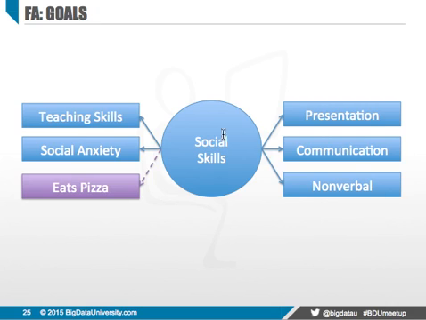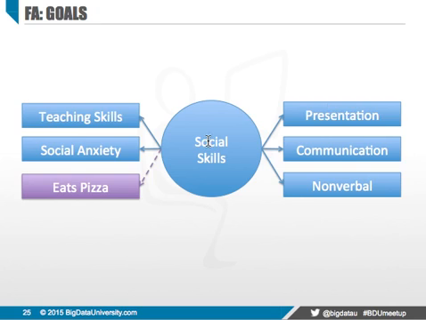So it will focus on the common variance between teaching skills, social anxiety, presentation skills, communication skills, and nonverbal behavior, saying that the common variance represents this huge unmeasured factor, social skills, and that social skills are causing an individual to have either good or bad presentation skills, either good or bad communication skills, and so on and so forth.